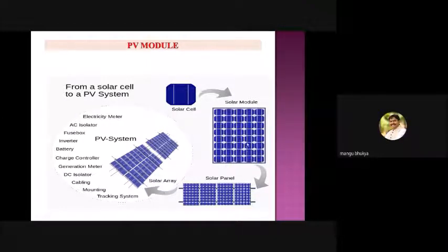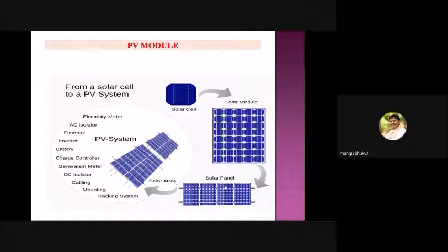So these are a solar cell, then solar modules, and after that many solar modules are connected either in series or parallel to form the solar array. You might have seen a large solar power plant, where we generate power in terms of kilowatts or even megawatts.